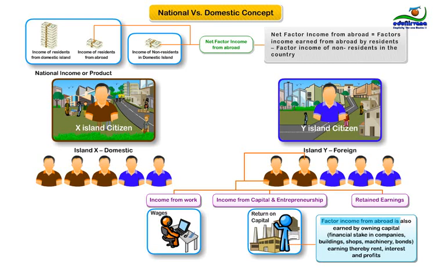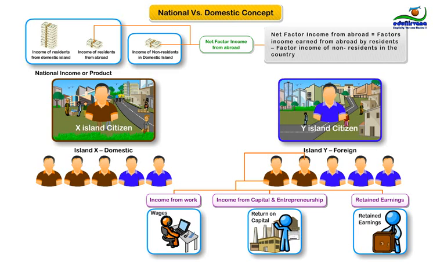Factor income from abroad is also earned by owning capital, like a financial stake in companies, buildings, shops, machinery, bonds, earning thereby rent, interest, and profits. Third, retained earnings.